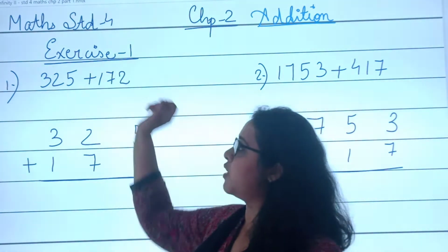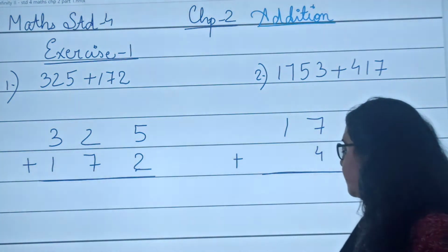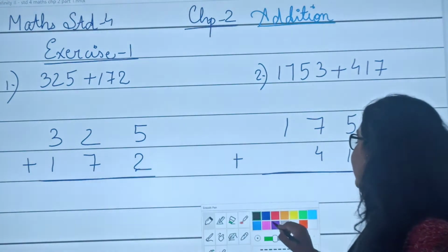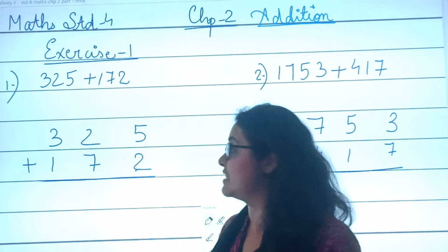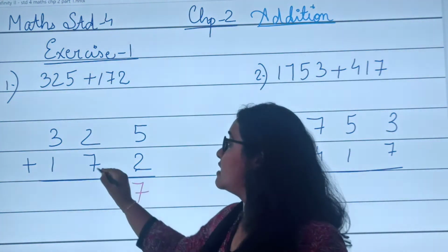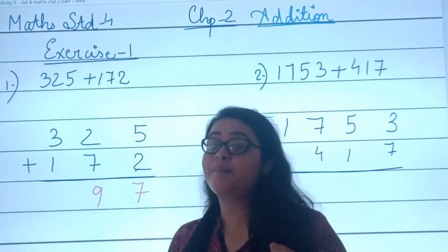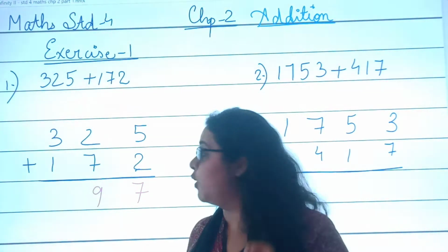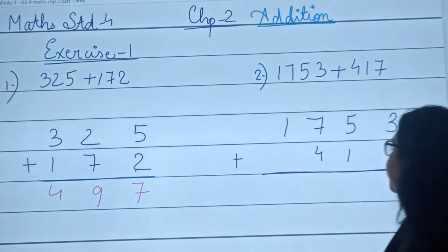In exercise 1, we will be solving first sum and second sum. Okay? Let's start. You will be solving with me as well. 5 plus 2? Yes. 7. 7 plus 2? Yes. 9. 3 plus 1? 4. Okay. Let's see the second one.